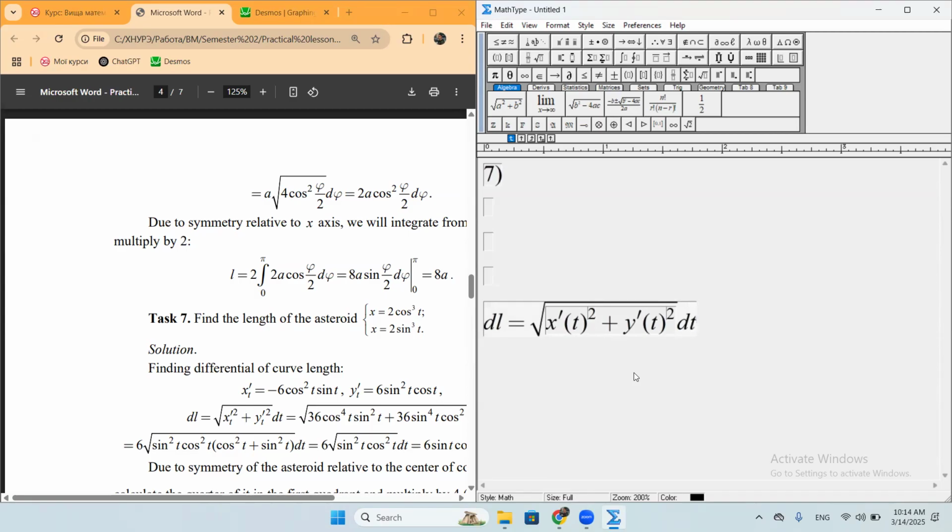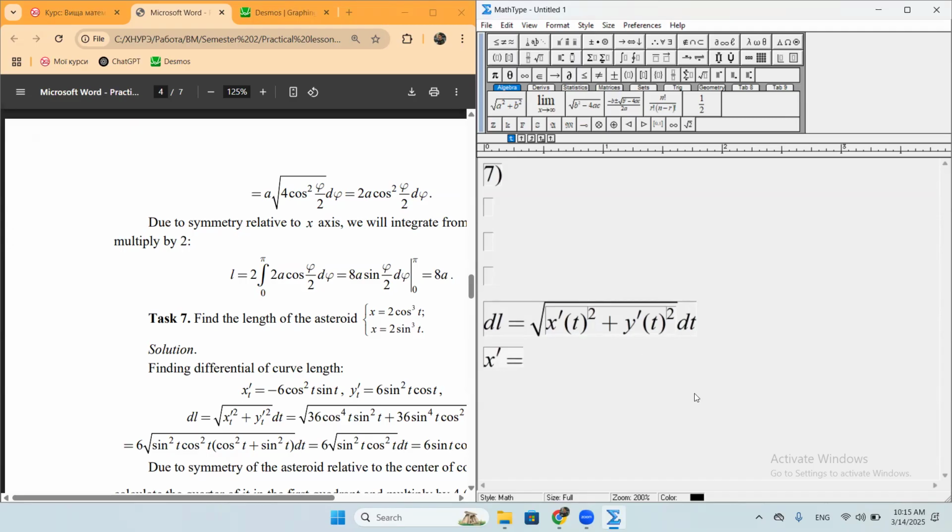If we had an explicit function, then x would have been equal to 1, and then y, we have not implicit, explicit. So square root of 1 plus y prime squared. So here is the following formula. So let's calculate x prime.